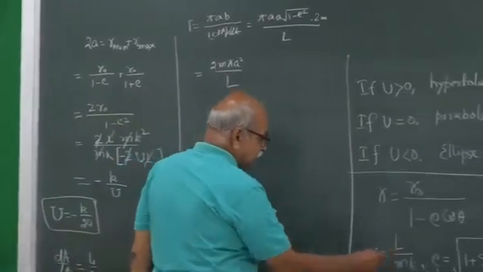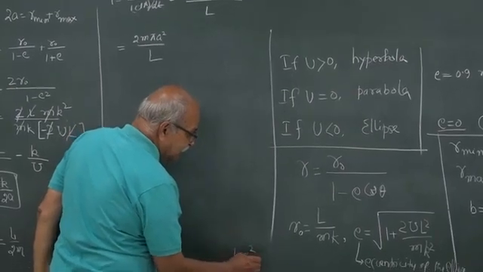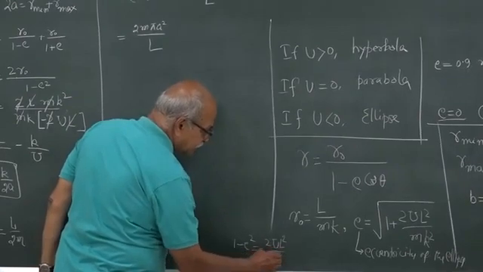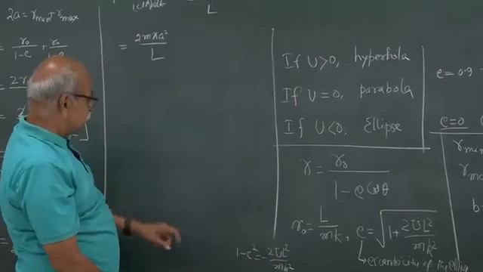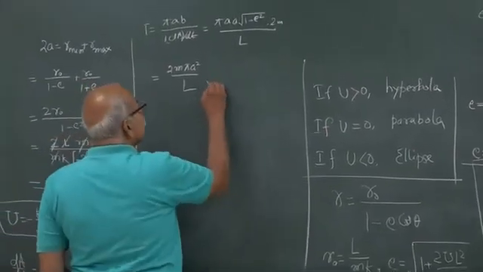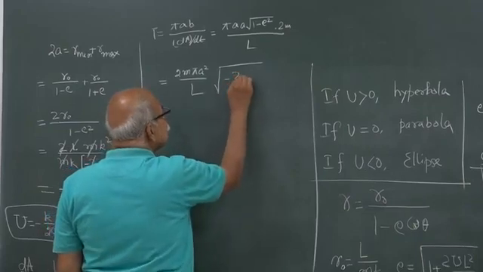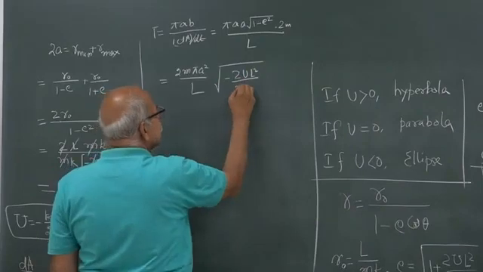Once again we can do it from here, 1 minus e square will be equal to minus 2 u L square by m k square, and the square root of that. So, it is the square root of minus 2 u L square by m k square.